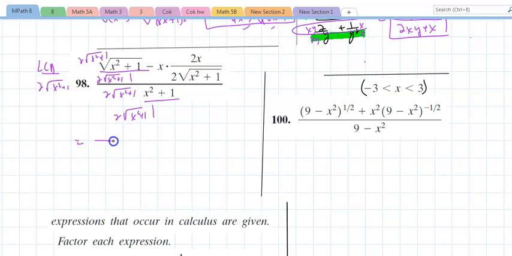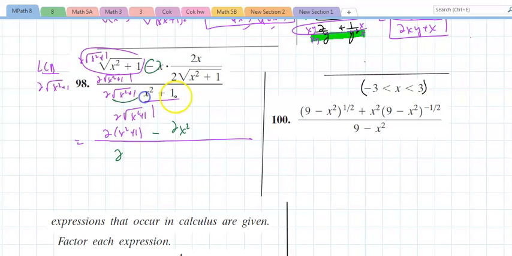And what you do now, you simply read the top of each of those fractions. When you multiply those, the radical cancels out. Minus 2x squared, and the denominator will be 2.